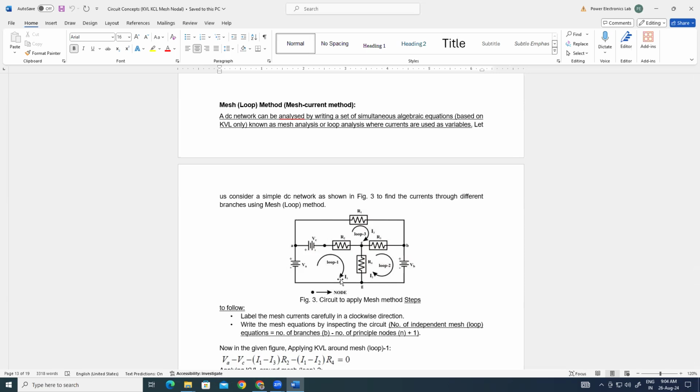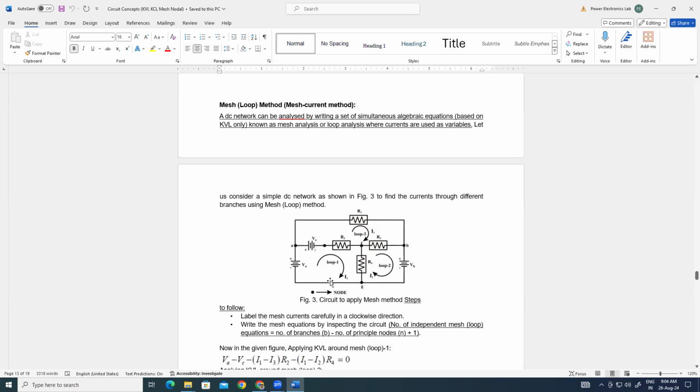For simplicity, we will take the direction as clockwise, which you already know. And we have to denote the current values in different loops. As you can see here, there are three loops, so three currents are denoted, I1, I2, and I3, respective to the loops.